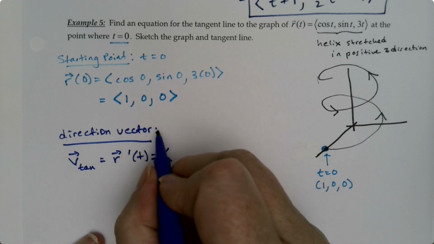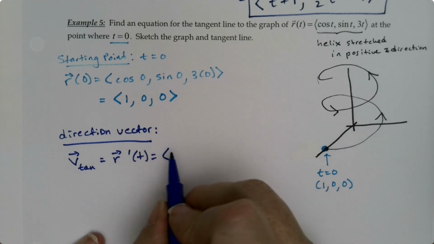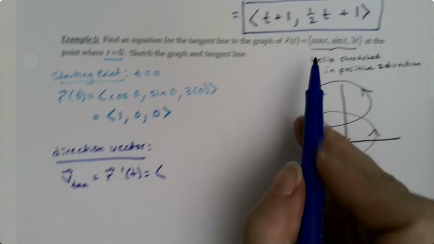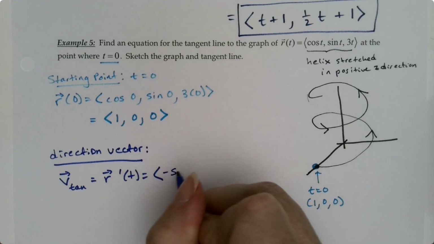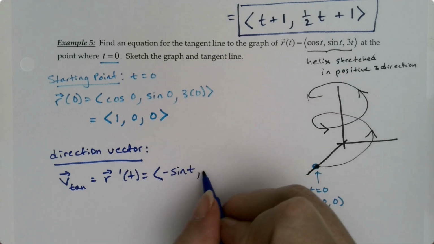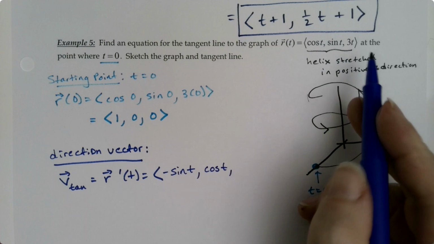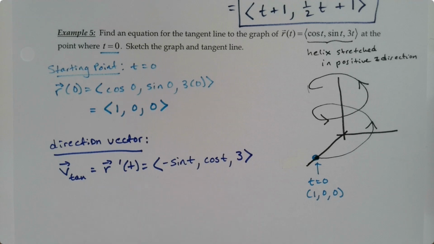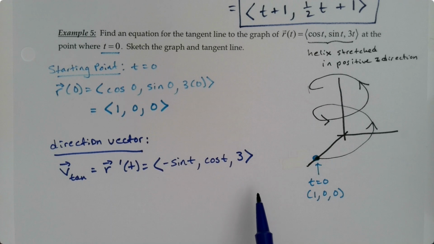I guess I could say at all places or at all t. Let's see, cosine's derivative is negative sine. Sine's derivative is cosine. And the derivative of 3t is 3. So this is the tangent all along that helix, at any t value.